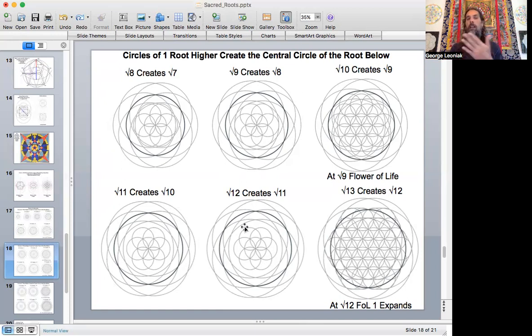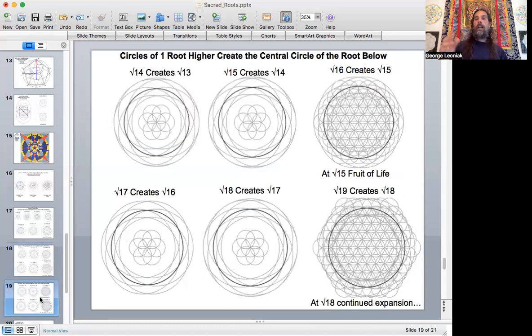Root 11 creates 10, root 12 creates 11, root 13 creates root 12. And once again, we're back to a number that's going to add up. If we digitally compress 12 to 3, then all of a sudden we're back at another little jump in the flower of life expansion, and we have added another rosette of circles at root 12.